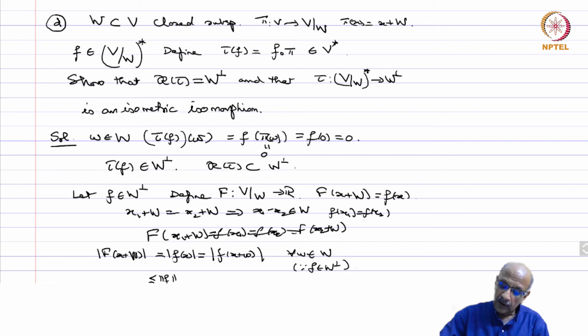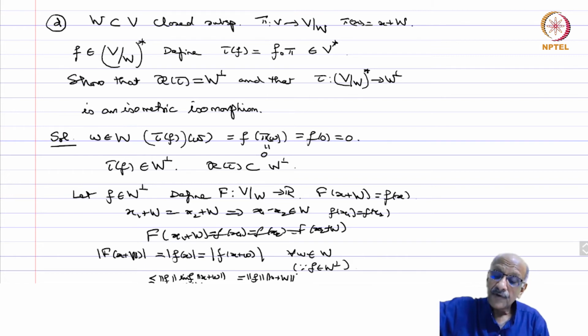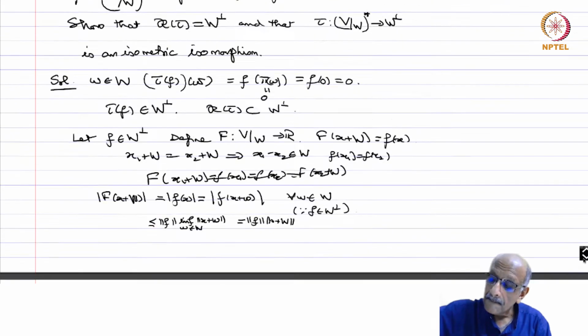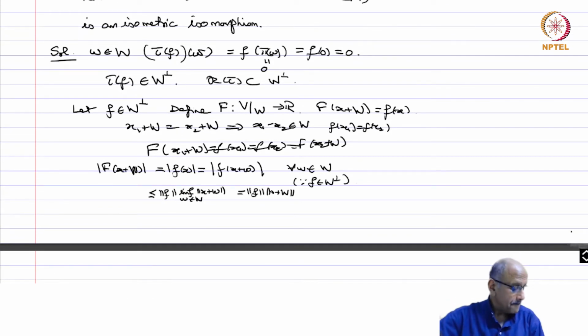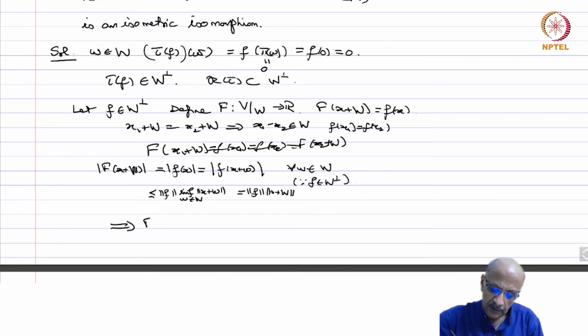This is true for all w, so I can put inf of norm of x plus w, w in W, and that is equal to norm f times norm of x plus W. So this shows that F belongs to (V by W) star.